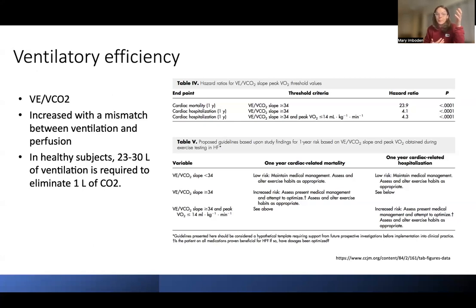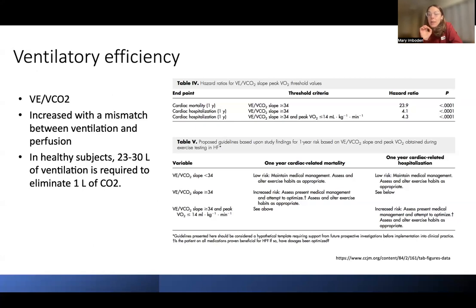Okay. So when the ventilatory efficiency ratio, the VE over VCO2 slope, is greater than or equal to 34, there is a higher risk of cardiac mortality in these folks, with a hazard ratio of 23.9.